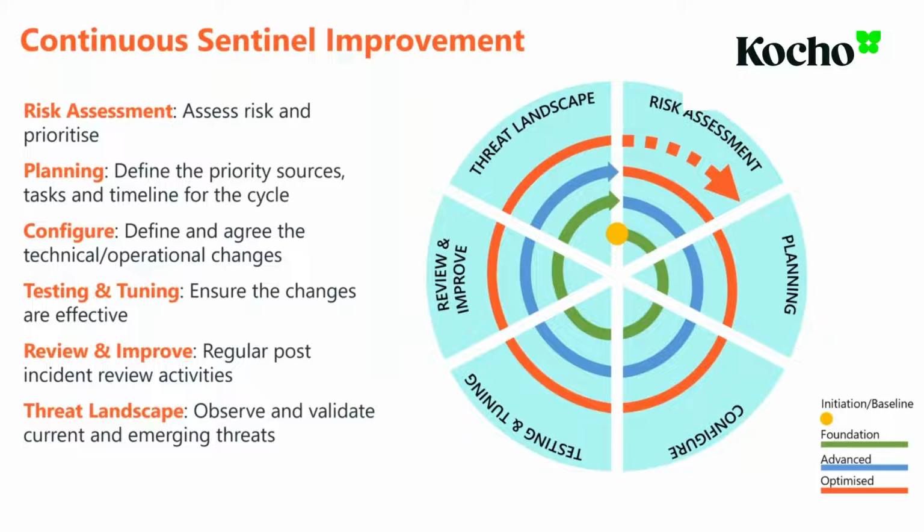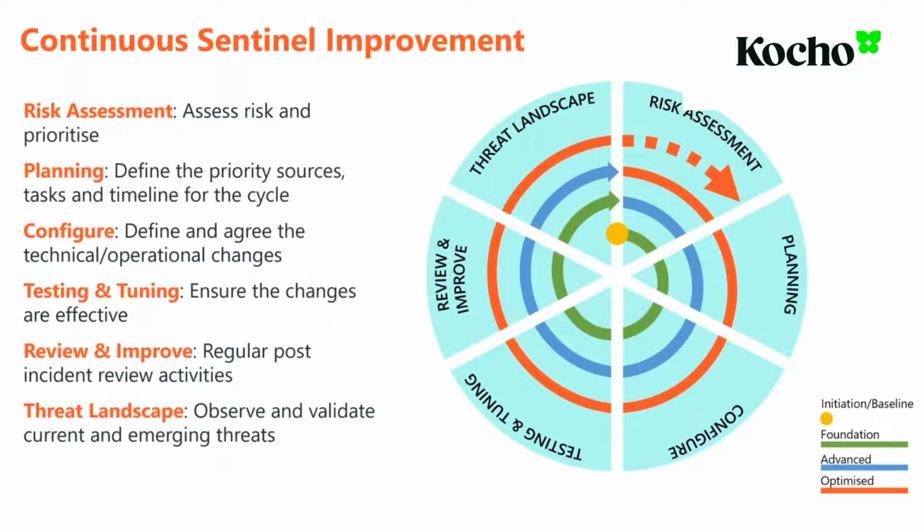Where are these places that I need to have eyes on? That will then drive the prioritized list of connectors that you need to consider, and start with a small number of those connectors. Get those in, start ingesting the data, perform some tuning exercises, and so forth, and then build upon that in the next phase, add the next set of connectors.